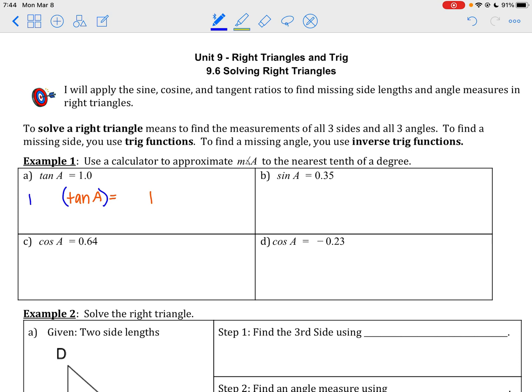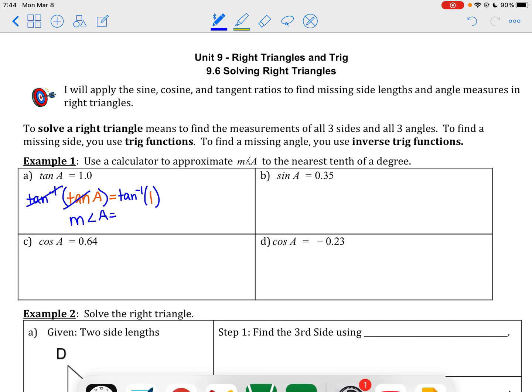So the opposite of the tangent function is the inverse tangent, which looks like this on a calculator. So it's tangent, and it looks like it has a little exponent of -1. So that's the tangent inverse, and if I do it on one side, I have to do it to the other. And so what that does is that the tangent inverse and the tangent cancel out and just leave me with that angle A. So this is going to tell me the measure of angle A.